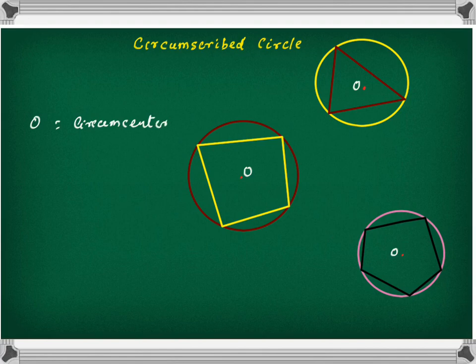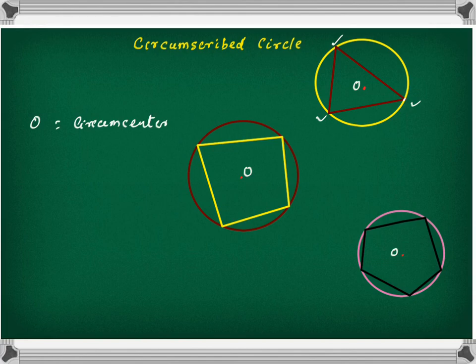Okay, and what is the polygon? A polygon like this triangle. I have drawn the triangle, and the circle is going through all the points of this triangle. Similarly, I have drawn a square and pentagon kind of things, and all the circles have gone through, touching all the points of the polygon.